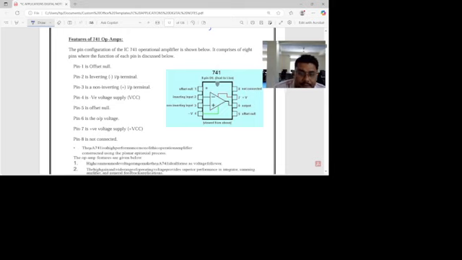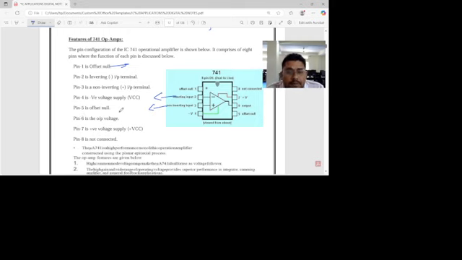These are the pins, 8 pins in total. The first pin is offset null. Second is the inverting terminal, where we provide the input. Third pin is the non-inverting terminal, and fourth pin is the negative VCC supply voltage.